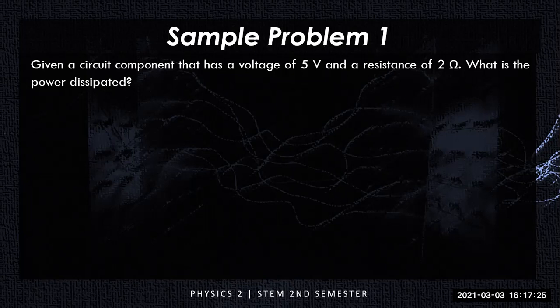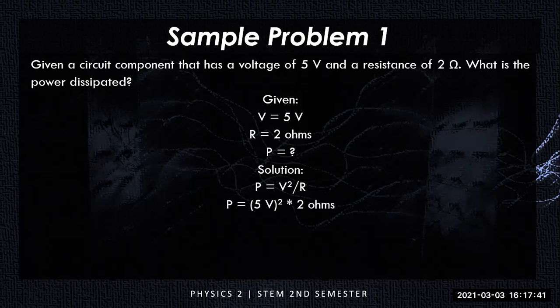To compute for power, the given are 5 volts and a resistance of 2 ohms, and the unknown value is power. We use the formula P equals V squared over R. So we square 5, we get 25, divided by 2, we get 12.5 watts.